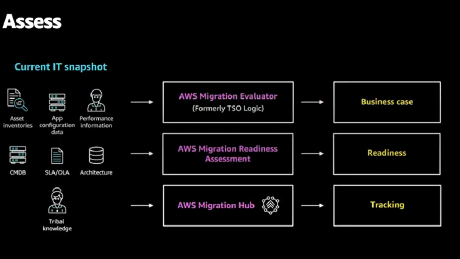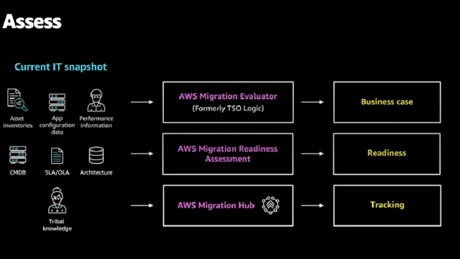During this phase, the goal of the assessment is to identify the current asset inventory, the configuration files, the data, the applications, the performance, and also those SLAs. We also need to identify the existing architecture, database type, data, and the knowledge.